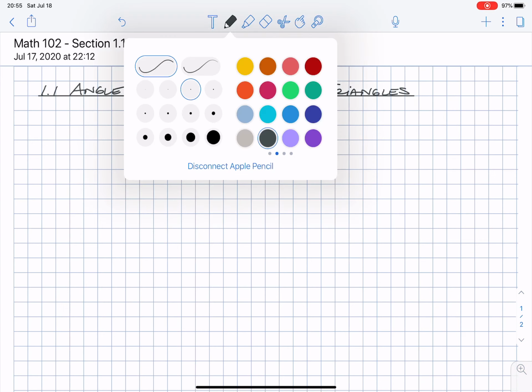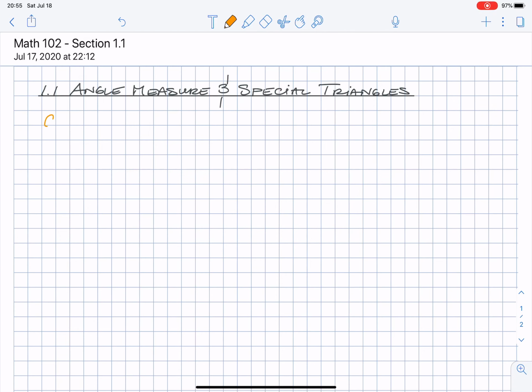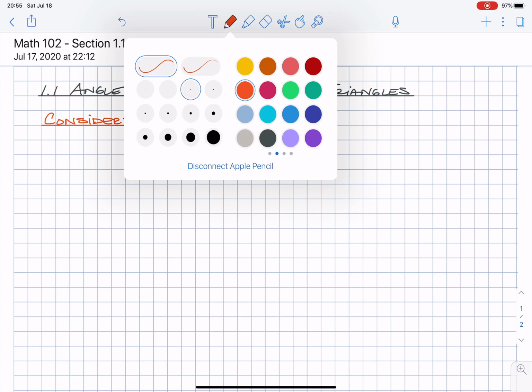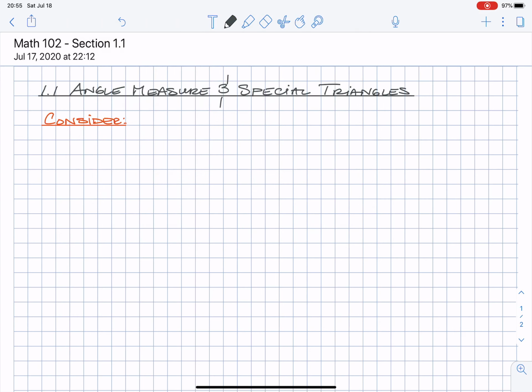Okay, so let's first consider the following. So what is a line? A line goes off in both directions infinitely.